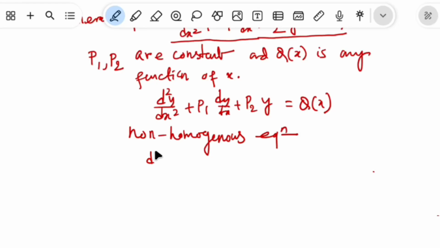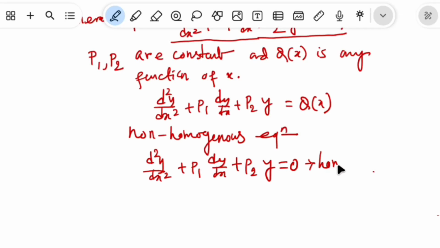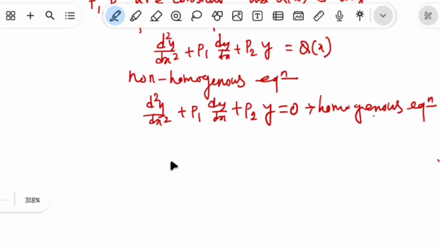And in place of q(x), suppose if we have 0, that means d2y/dx2 plus p1 dy/dx plus p2y equals to 0, then we call it a homogeneous equation.